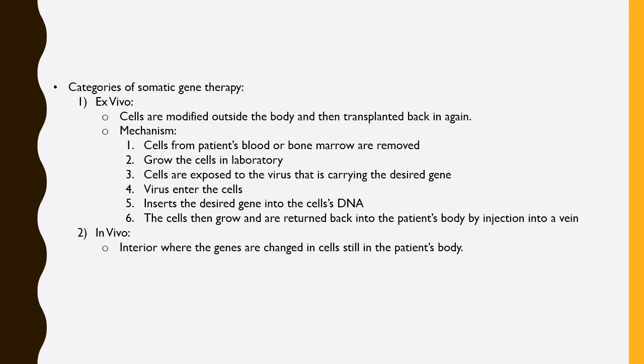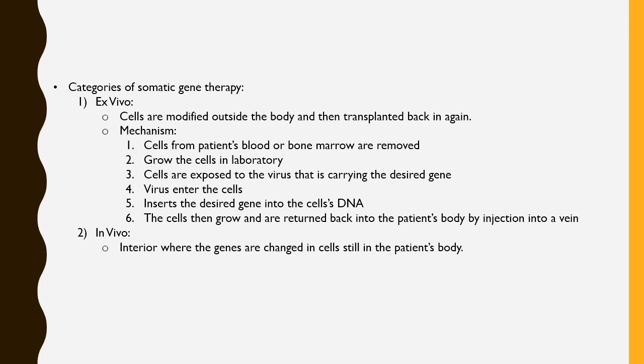The mechanisms are as follows. The cells from the patient's blood or bone marrow are removed and let to grow in the laboratory. The cells are then exposed to the virus that is carrying the desired genes. The virus that is used elicits only a weak immune response and does not cause any disease to humans.